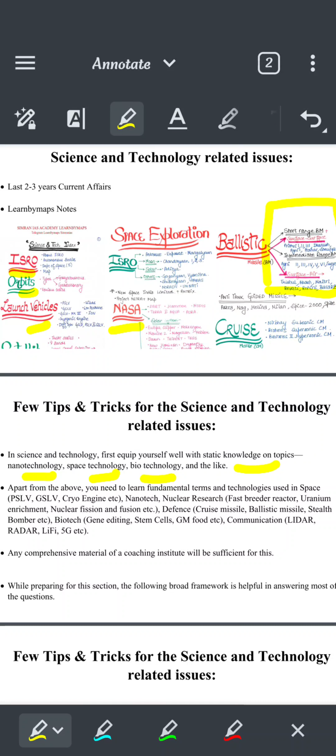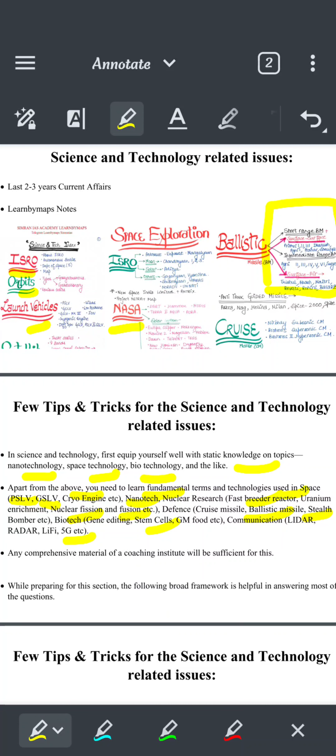Apart from the above, you need to learn fundamental terms and technologies used in the space like the PSLV, GSLV, cryo engine, etc., nanotech, nuclear research, fast breeder reactor, uranium enrichment, nuclear fission and fusion, etc., defense, cruise missile, ballistic missile, stealth bomber, etc., biotech, gene editing, stem cells, GM food crops, etc., communication, lidar, radar, Li-Fi, 5G, etc. Any comprehensive material of a coaching institute will be sufficient for this.